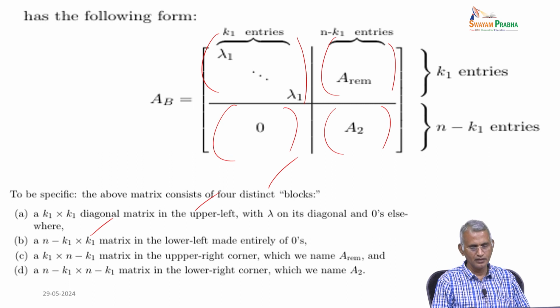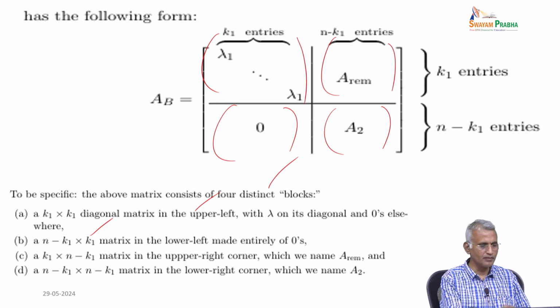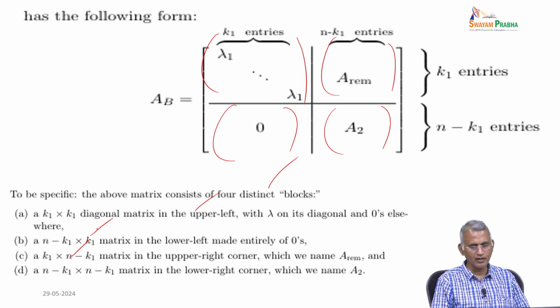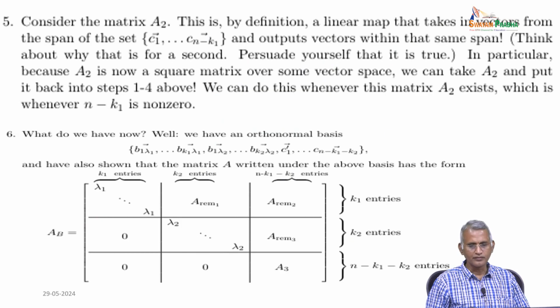The third is a k1 by (n minus k1) matrix in the upper right corner, and the fourth is an (n minus k1) by (n minus k1) matrix in the lower right corner, which we call A2.